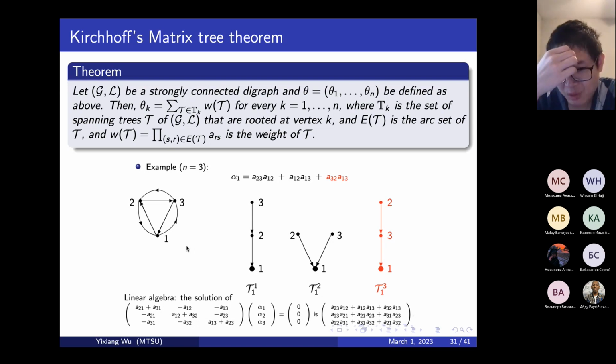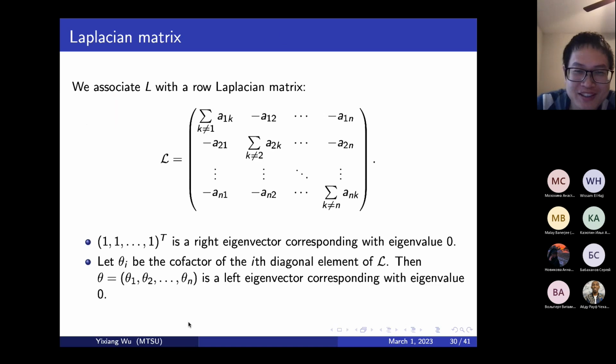Well, the matrix I'm putting here is actually a column Laplace matrix. Each column sums up to 0, which is a little confusing because here I'm using a row Laplace matrix, where each row sums up to 0.